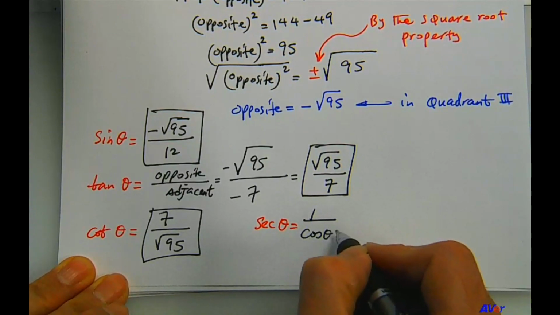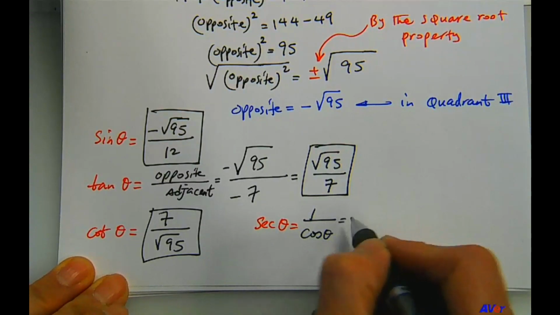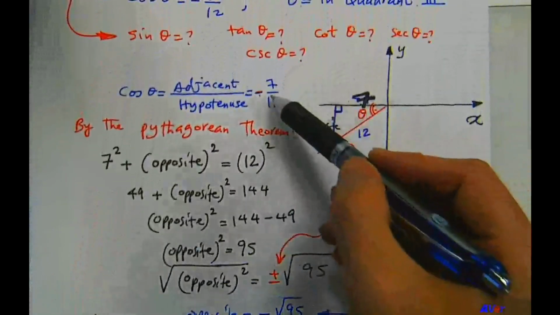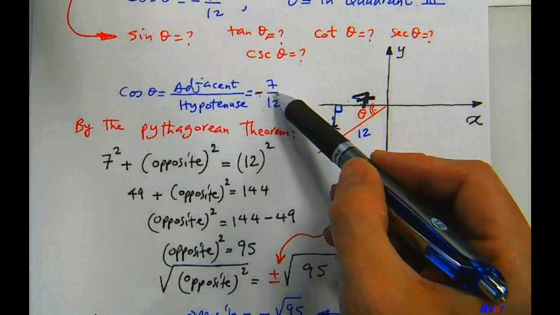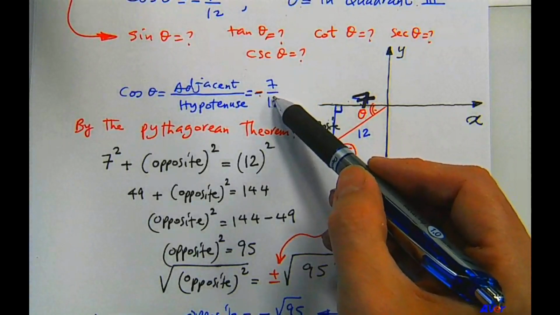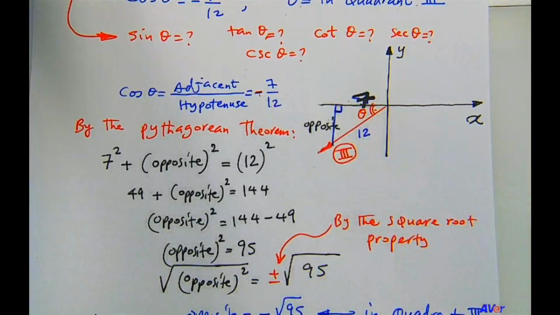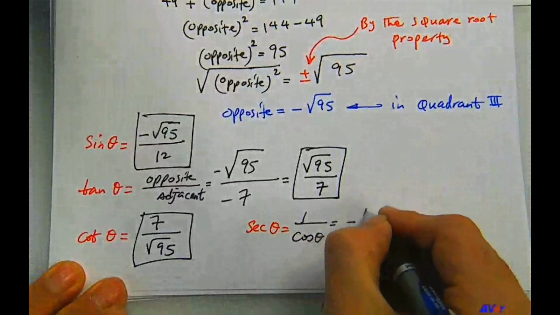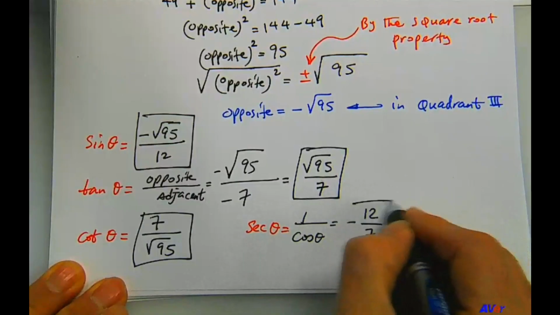So 1 over cosine of theta. And cosine of theta, we already know it is negative 7 over 12, right? We know that was the information given to us from the outset. So take the reciprocal of that, and we have minus 12 over 7.